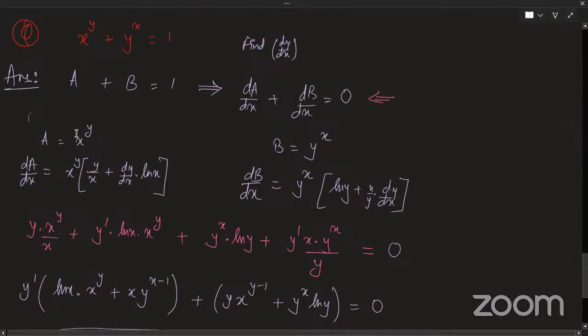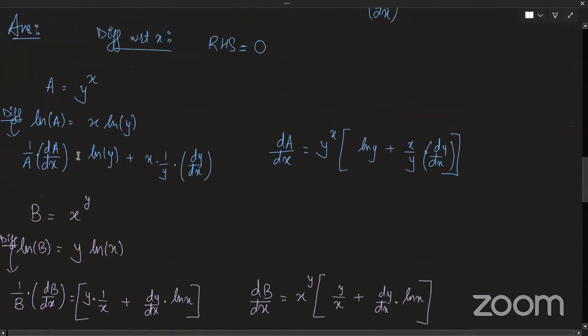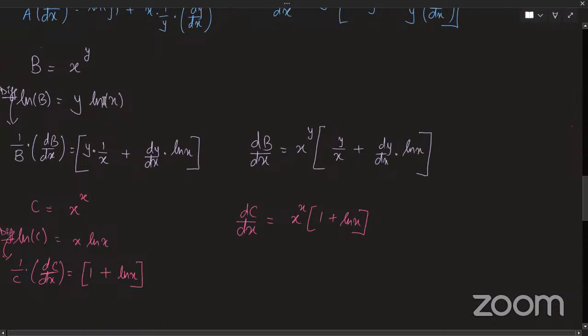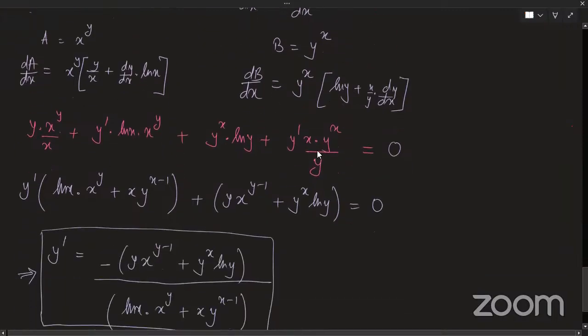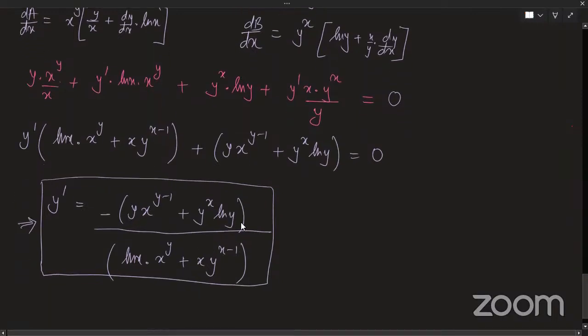So my A is equal to x raised to y. I differentiated A with respect to x, applying logarithmic differentiation. We have just done it at the top. We have just applied logarithmic differentiation and calculated the value of dA by dx. Similarly, the same goes for dB by dx also, y raised to x. I've calculated it. So I just put it back in this equation. Okay. And I took out the terms that were common to dy by dx. After that, I solved it and I got this.